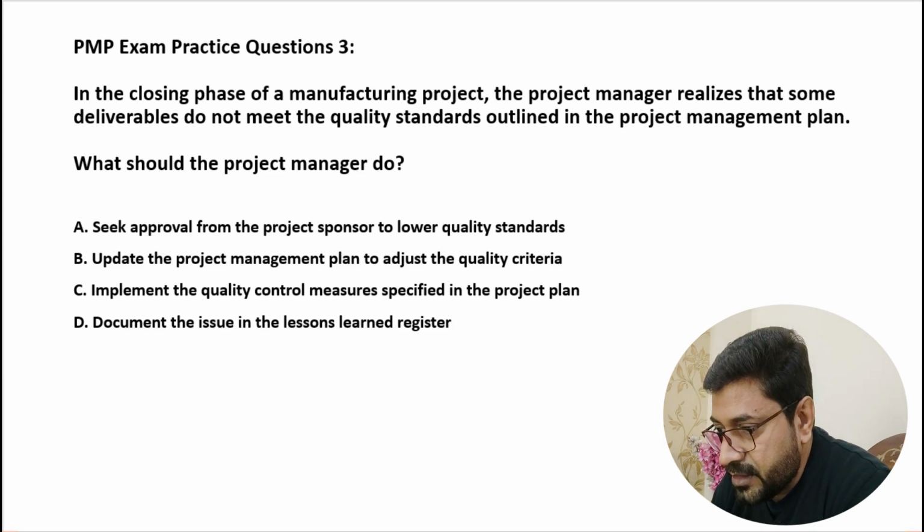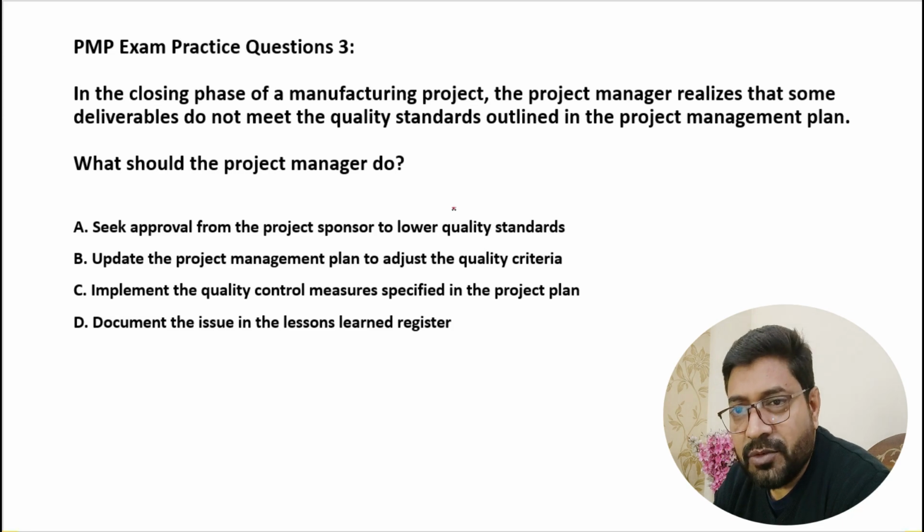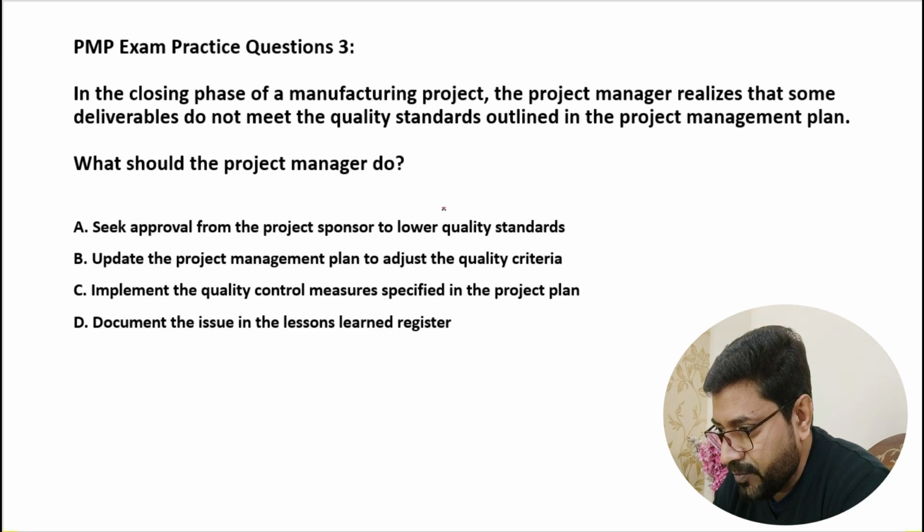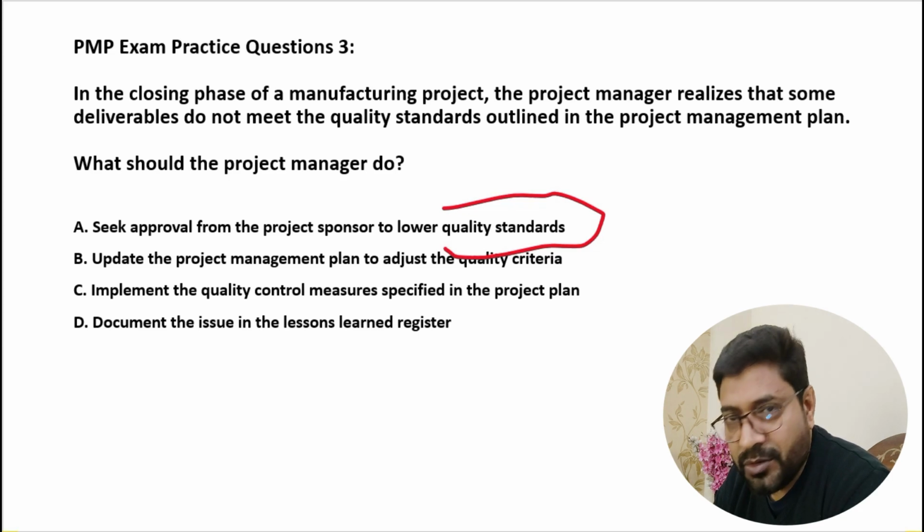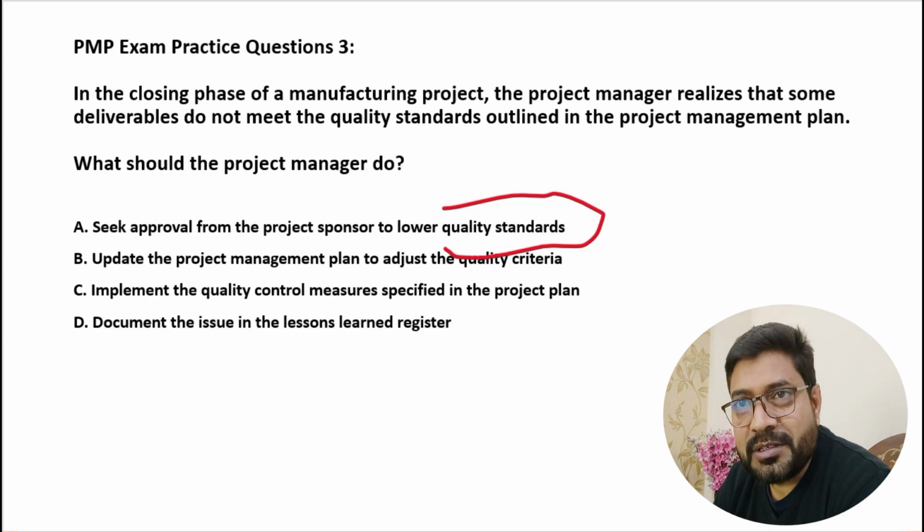Option A, seek approval from the project sponsor to lower quality standards. Now if you see here, option A says to compromise on the quality standards and take the approval from the sponsor.